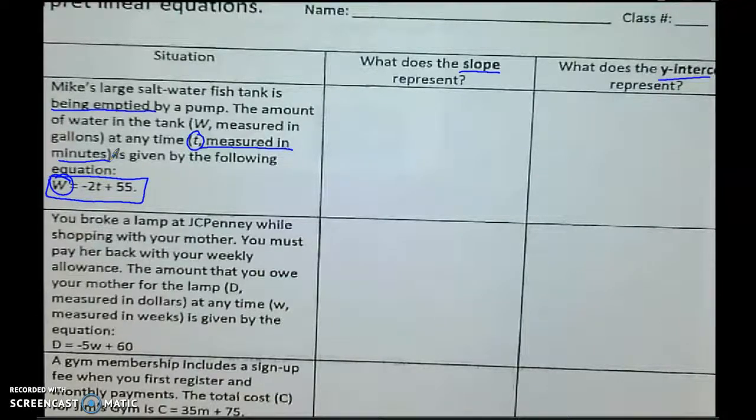When we look at what's happening, we need to find out first the slope. Well, we know in this equation that M equals -2. Well, what are we talking about? The water in the tank is measured in gallons. So our M is -2 gallons.